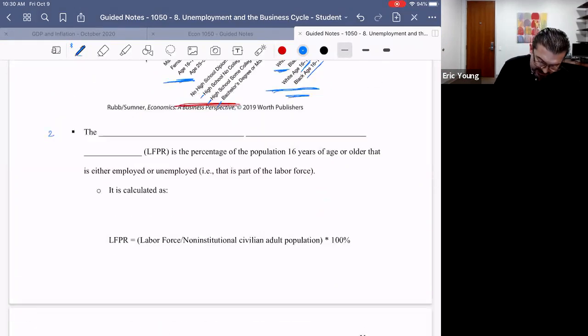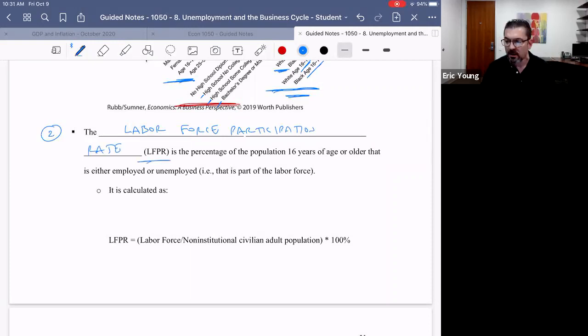There is a second really important measurement in the area of unemployment, and that is known as the labor force participation rate. You don't hear about this one as much, but it's really important. The labor force participation rate, abbreviated to the LFPR, is the percentage of the population age 16 or older that is either employed or unemployed.